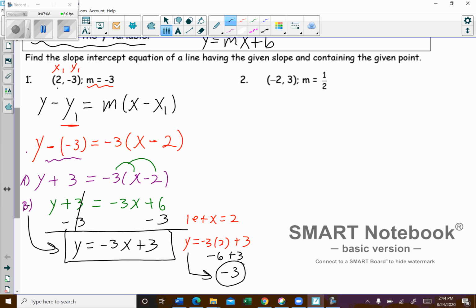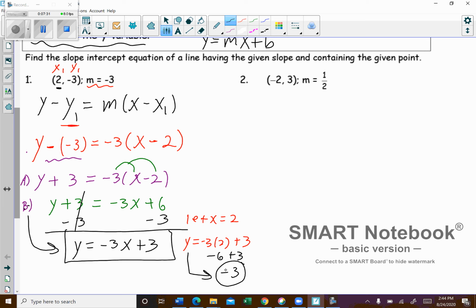So when I let x equal 2, the y value simplified into negative 3. It obviously has a slope of negative 3, right? So those were the conditions that were given for the line. They wanted me to come up with a line where we have a slope of negative 3, and then it also passes through that point. And so I checked it by letting x equal 2, and then I went ahead and simplified it to verify it.